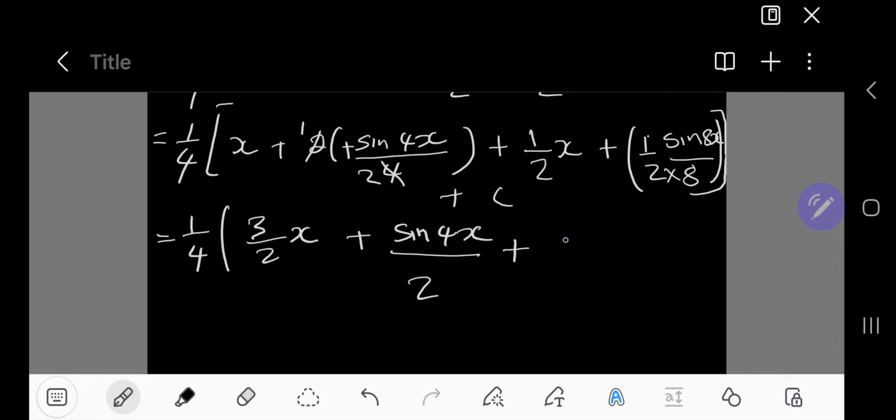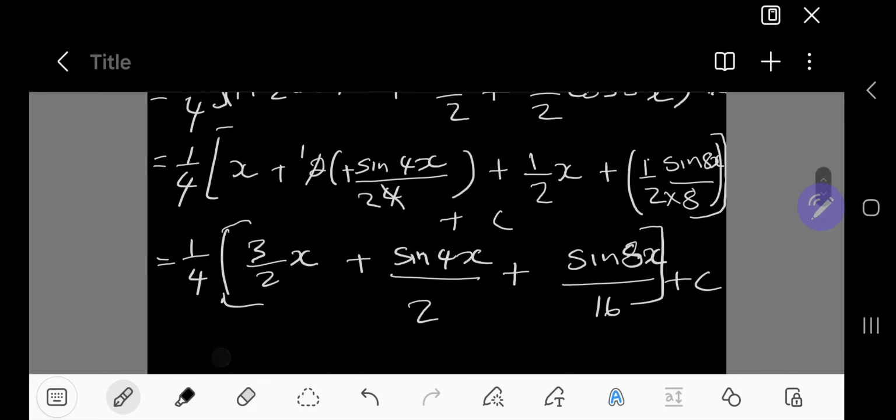We will then have sine 8x divided by 16 plus c. That would be our final answer. If you want to, you would multiply everything that is inside the brackets with 1 over 4.